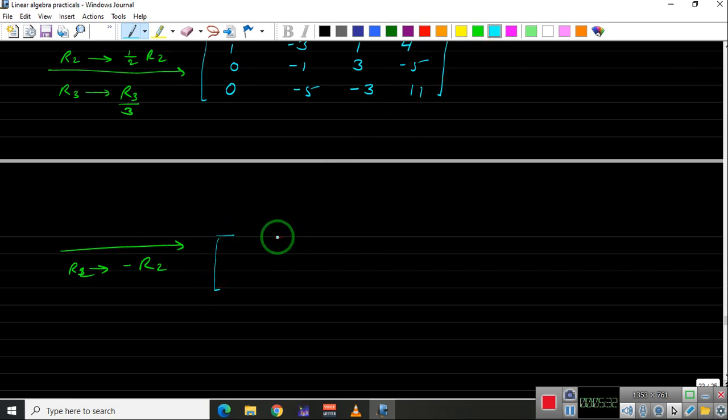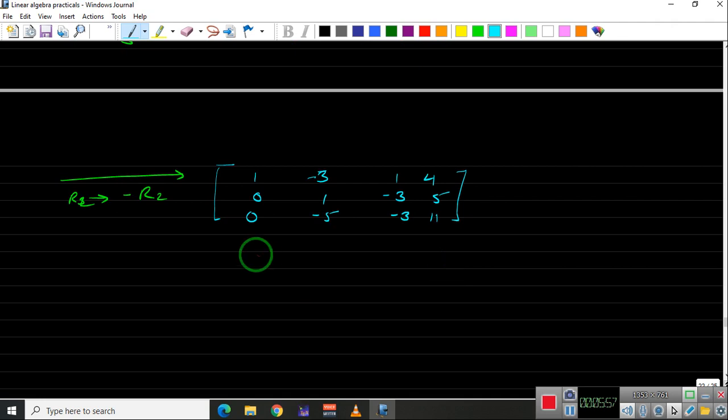When you multiply the second row by minus 1, we have 1, minus 3, 1, 4; 0, 1, minus 3, 5; and 0, minus 5, minus 3, 11. And finally, make this 1. The operation is R3 changes to R3 plus 5 times R2.